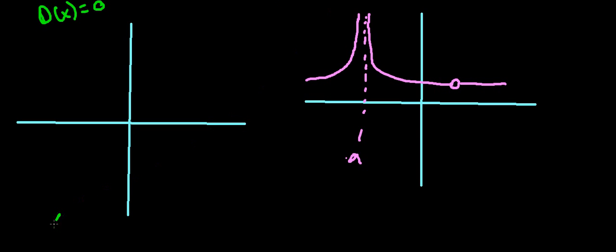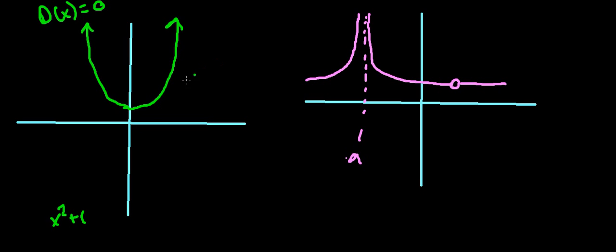Something like, I don't know, x squared plus 1, looks like this. And it has a domain of all real numbers, because for every x there is a y. There are no x values that we can put in that will give us the square root of a negative number or a 0 in the denominator.